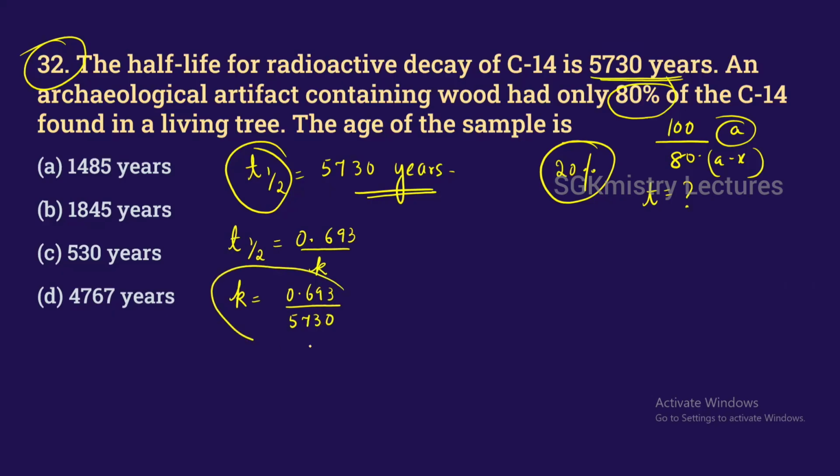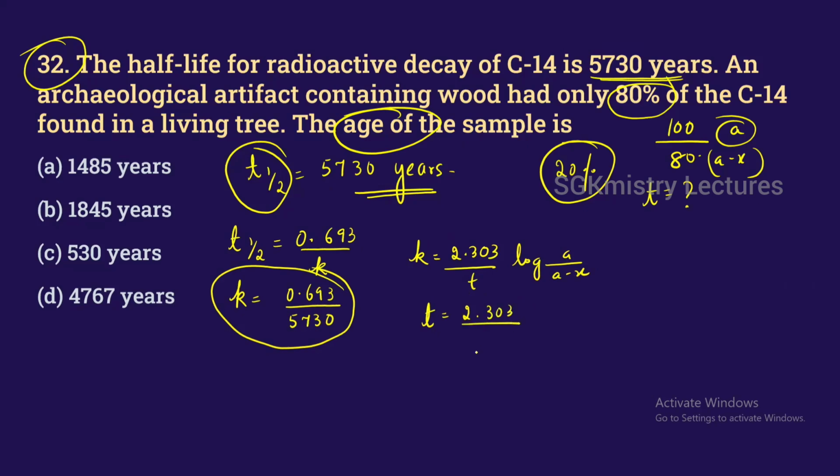Now substitute this k value in the first order equation. So k is equal to 2.303 by t log a by (a minus x). Now you have to find the age of the sample, that means t. So let me rearrange the equation: t equals 2.303 by k into log of a by (a minus x).